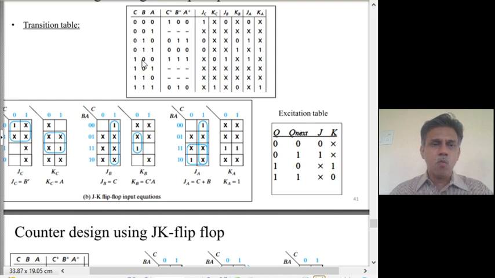Next we have 1 1. 1 1 means Q is 1, Q next. Now we have to treat this Q as C. C is 1, C plus is 1. For that J has to be X, K has to be 0.